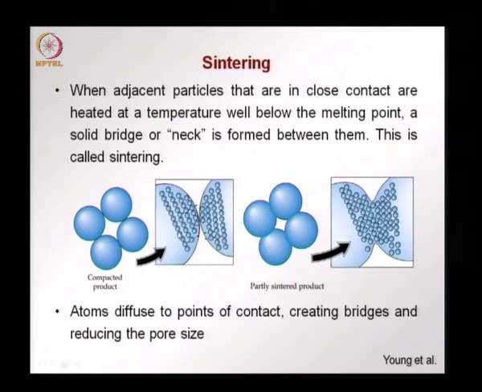However, there is a diffusion of particles and a solid bridge or neck is formed, and this is called sintering. Here the atoms diffuse to the point of contacts, create bridges and therefore reduce also the pore size. The pores between the particles are reduced because of this necking and sintering occurring.